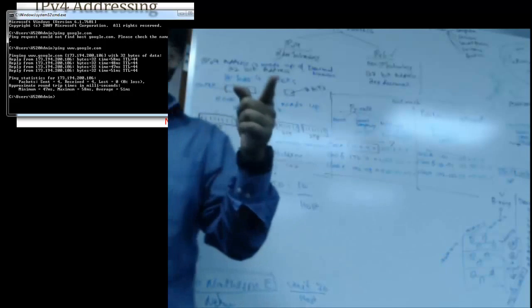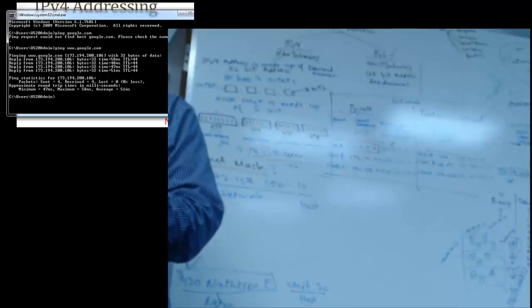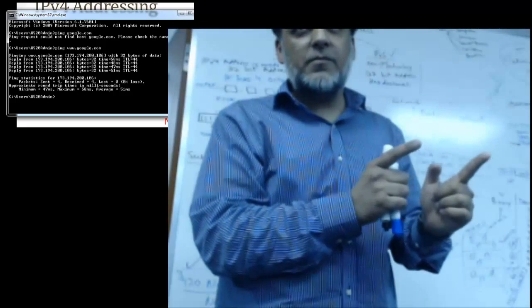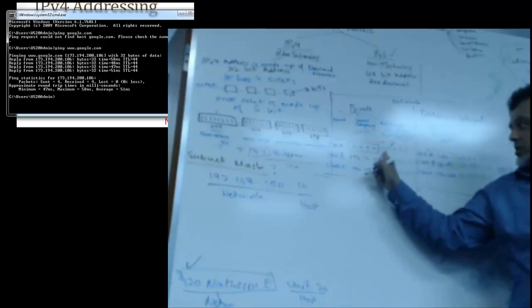So now, going back onto this one more time. We were trying to understand what a subnet mask is. Guys, a subnet mask defines which part of your IP address is the network address and which part is the host address. Let's join these dots together. Let's say this is a subnet mask.